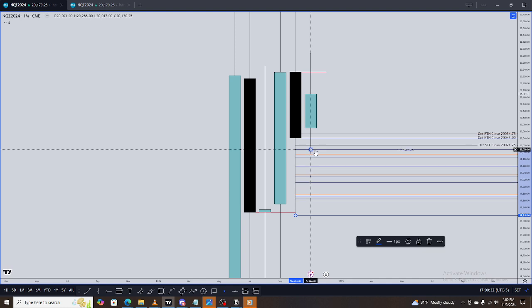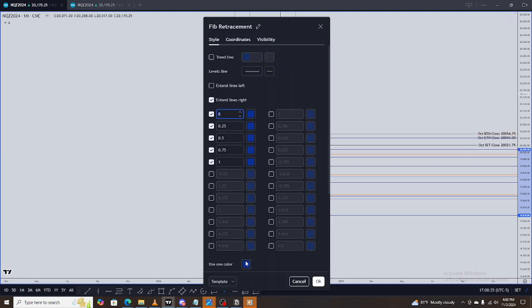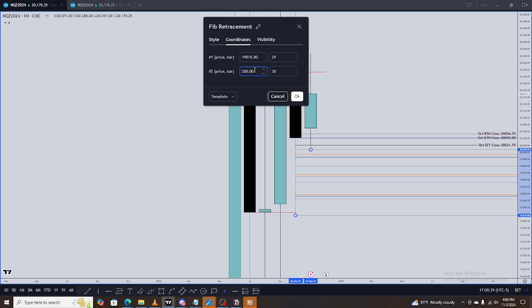Right, and the settlement close would be gray. Make it gray. The coordinates would be 1.75.